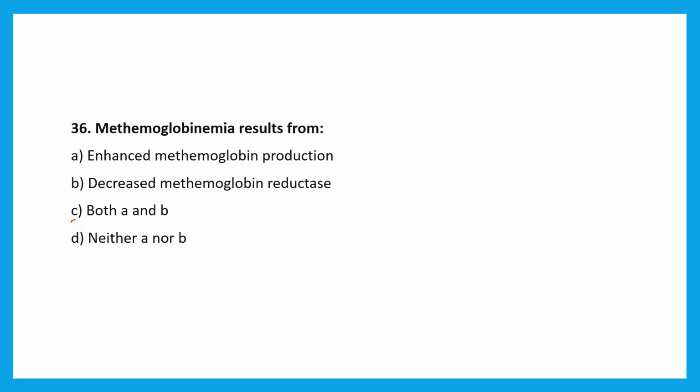Methemoglobinemia can occur due to an imbalance between oxidation and reduction. Exposure to oxidizing agents such as drugs or chemicals leads to increased production, and a deficiency in the cytochrome B5 reductase enzyme leads to decreased reduction of methemoglobin. Straightforward, right?